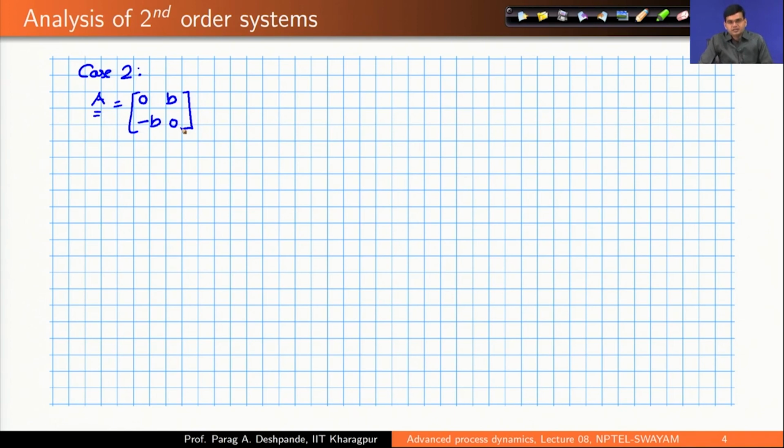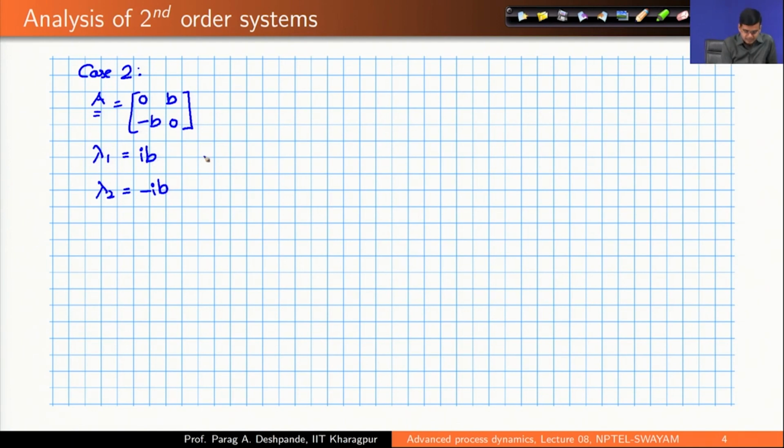The eigenvalues which we considered in the previous lecture were all real numbers, they were not imaginary numbers. But if you solve for eigenvalues and eigenvectors for this particular case, what you will find is that lambda 1 is going to be i b and lambda 2 is going to be minus i b. They are going to be imaginary numbers.